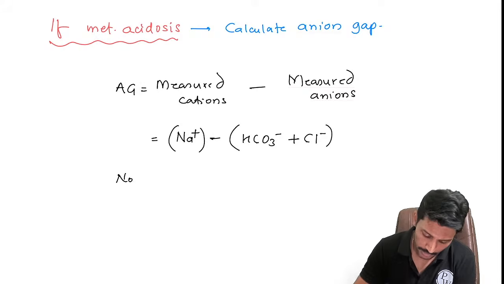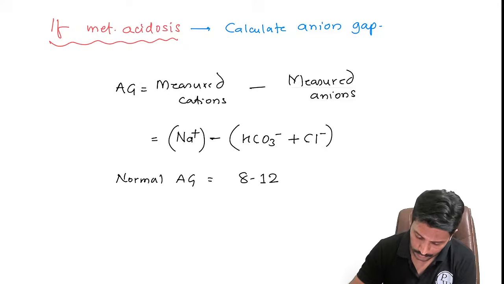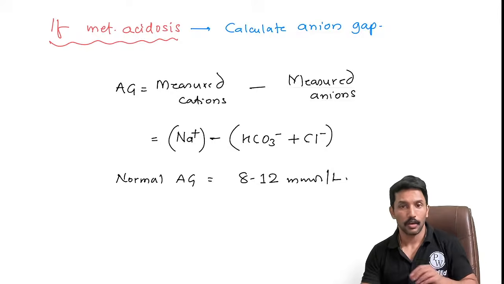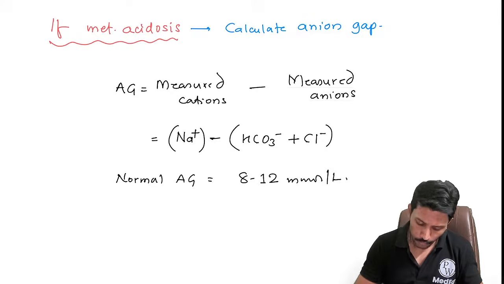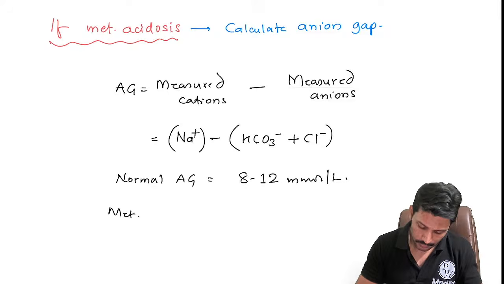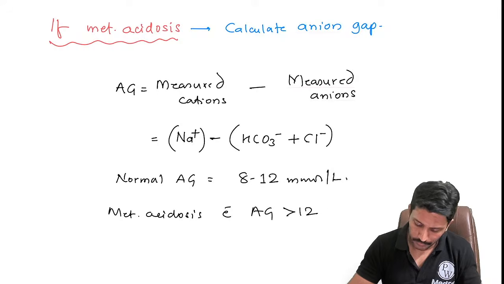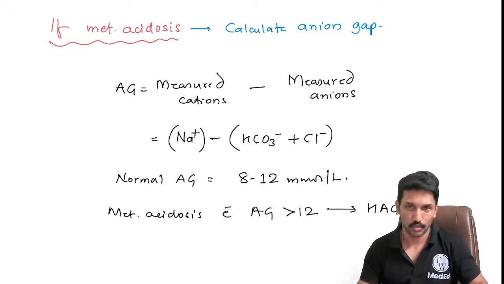The normal anion gap is 8 to 12 milliequivalents or millimoles per liter. That's the normal anion gap. If you have metabolic acidosis with an anion gap of more than 12, we will call it high anion gap metabolic acidosis.